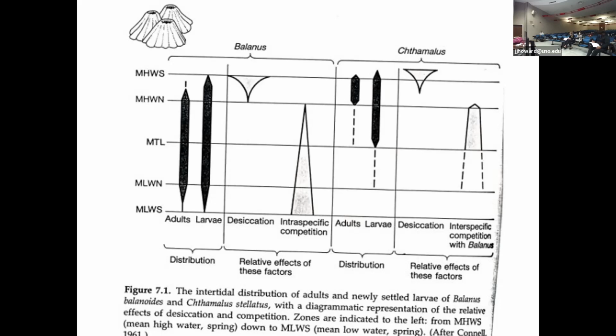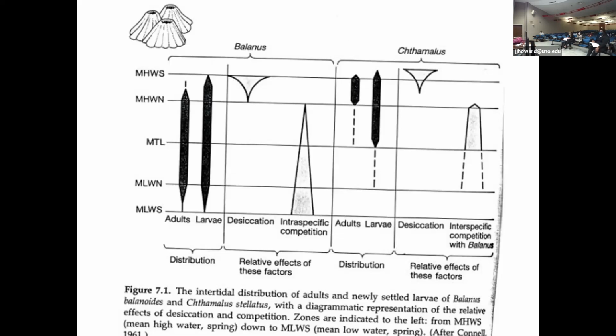Thamnus is harmed by strong competition from Balanus down here in the lower intertidal. Balanus has the ability to grow pretty much where it grows, and there is virtually no effect of competition from Thamnus. Even though they are very, very similar species, the competition between them is very unequal.